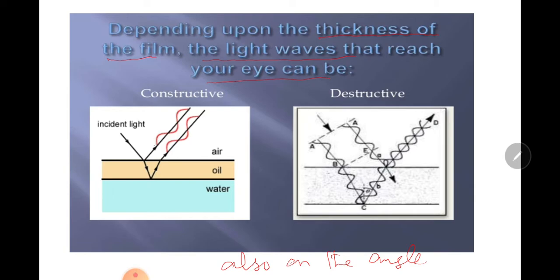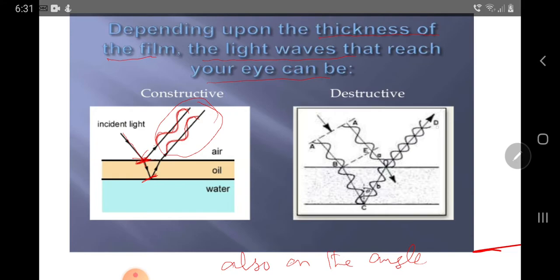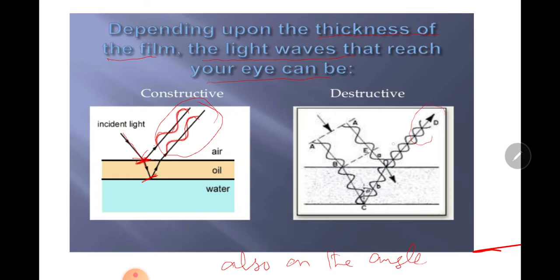Here the crest falls on crest and trough falls on trough in the first diagram. It is from the top layer of oil and from the bottom layer of oil, and they will interfere constructively. Here in this case they will interfere destructively because crest falls on trough.